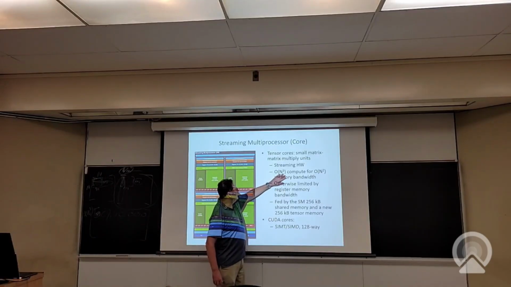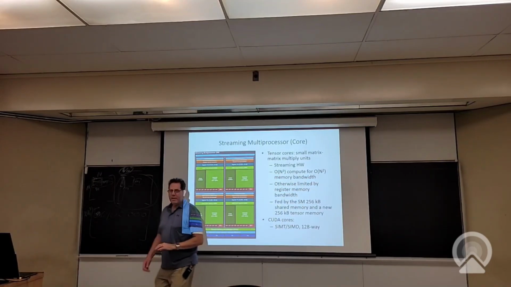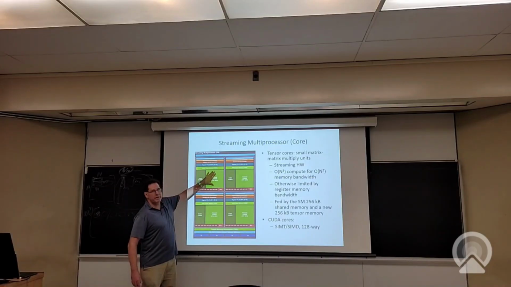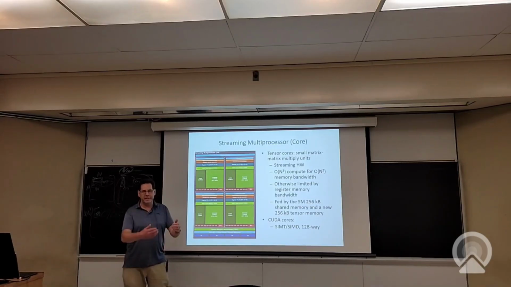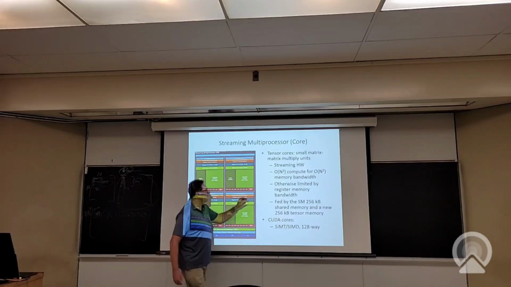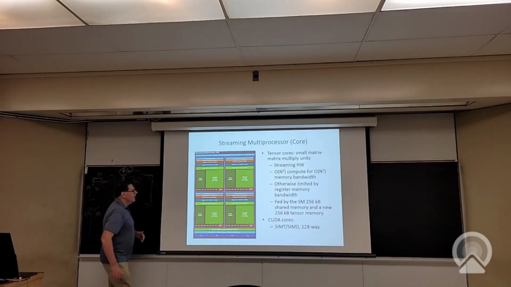So why do they do that? Well, n is not huge, maybe it's like 8 by 8 by 8. You have order n cubed compute for order n squared data. Basically, they have built enough compute that even their register file ports are not enough. They can't feed it from even their first level of memory. But if they reuse the data by doing an entire submatrix, now they can feed it.